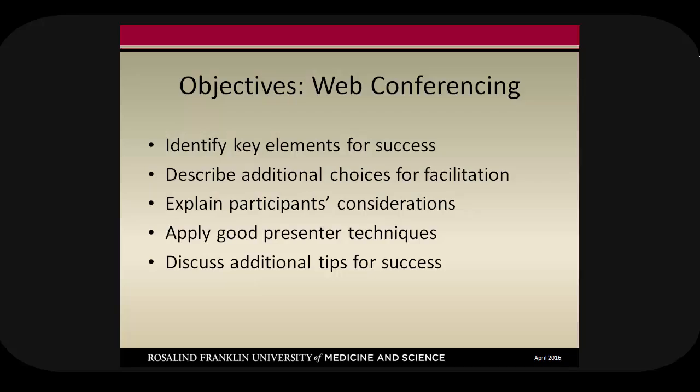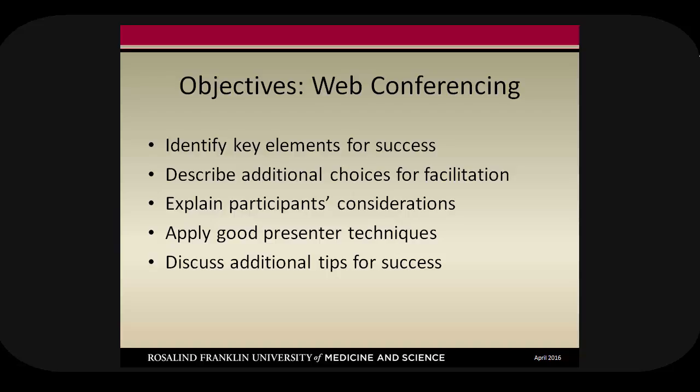The objectives for this web conferencing are that by the end of this presentation, you'll be able to identify some of the key elements of professionalism for web conferencing. We also hope that you'll be able to pick the best choices for lighting, for visual aids, and for background when you're doing web conferencing.